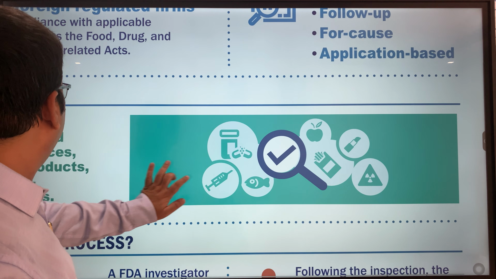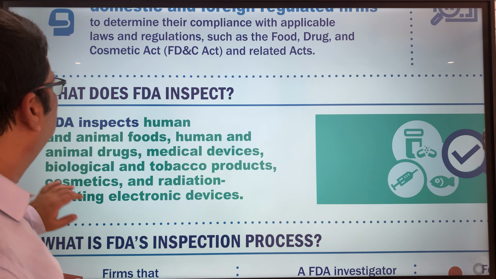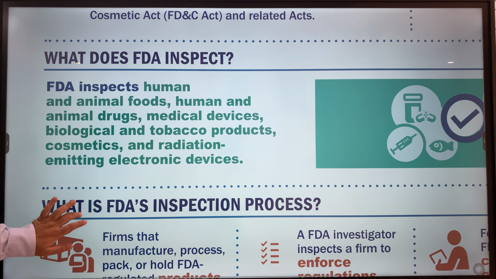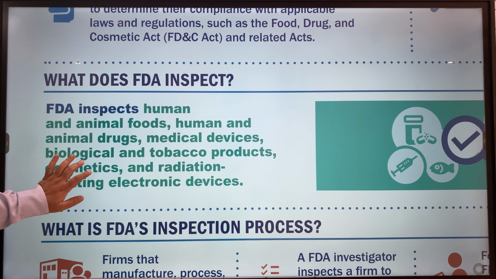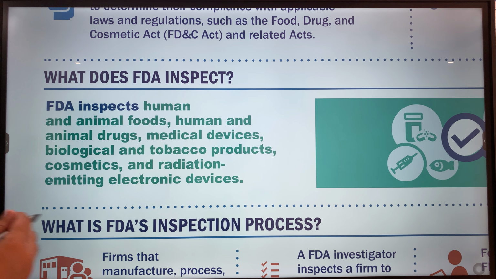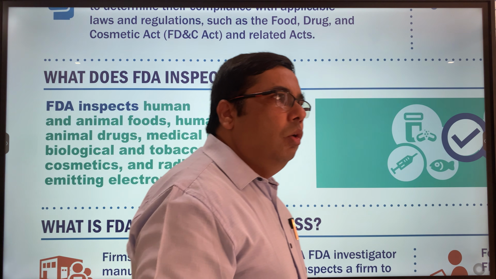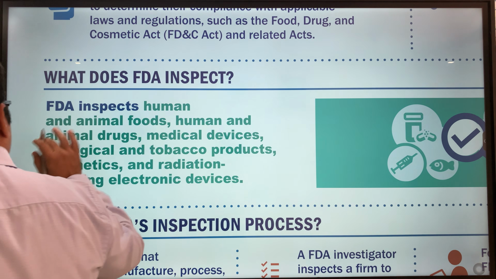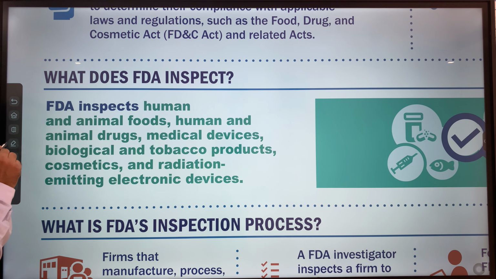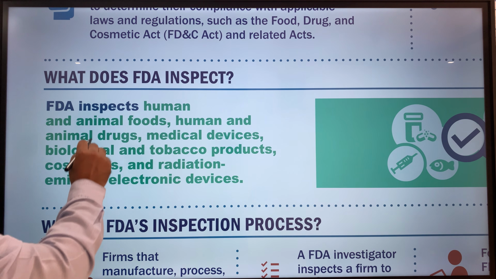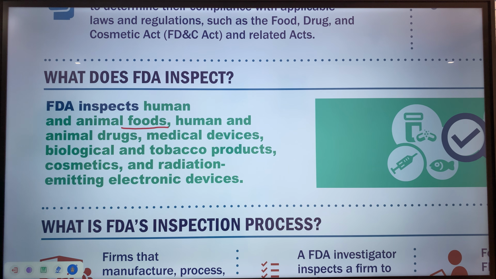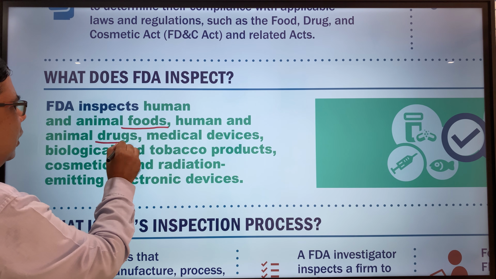Now let us discuss what FDA inspects during the inspections. So this is very clear here, right? FDA inspects human and animal foods, human and animal drugs.